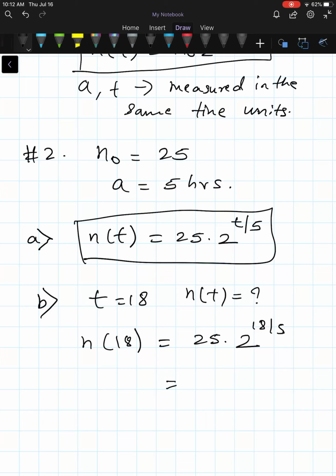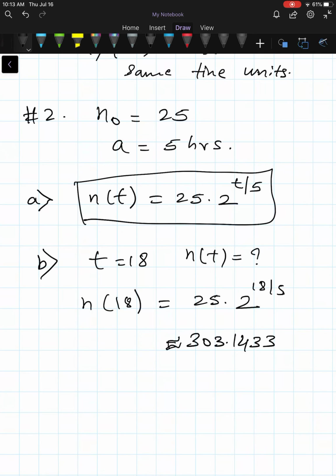2 to the power of 18 divided by 5 is 12.1257323. Times 25 gives approximately 303.1433.